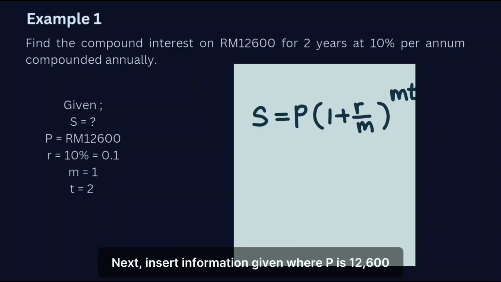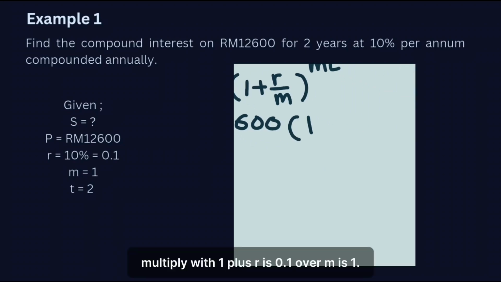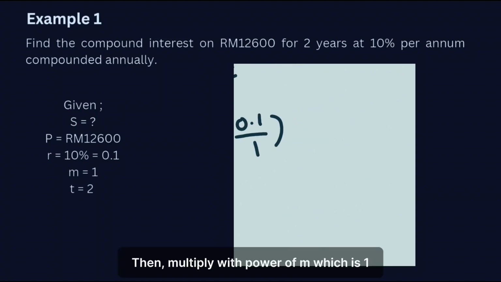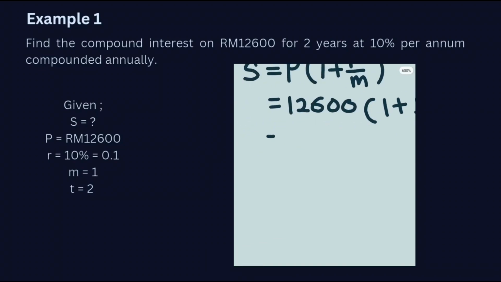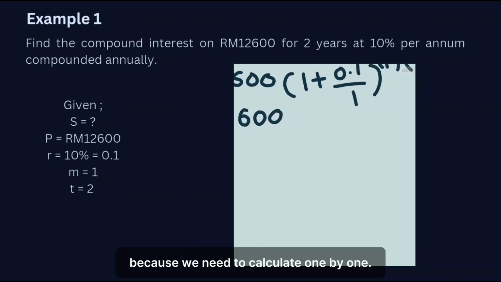Next, insert the information given, where P is 12,600, multiplied by 1 plus R, which is 0.1, over M, which is 1. Then to the power of M, which is 1, multiplied by T, which is 2. 12,600 still remains because we need to calculate one by one.